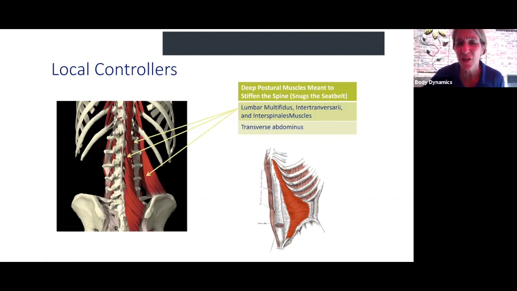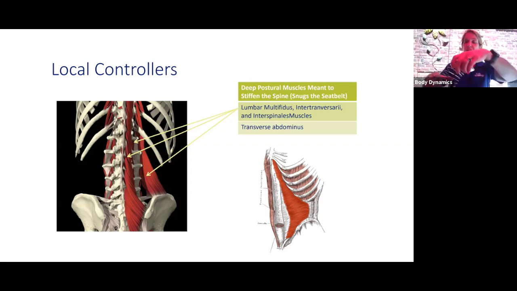The multifidus is a huge steering wheel of our pelvis and our spine, and it's really important for not only creating appropriate stiffness, but also controlling where this slinky is in space in terms of spirals. It's a very important muscle to have good control over. It needs to be activated, you need to have control, and you need to have endurance.